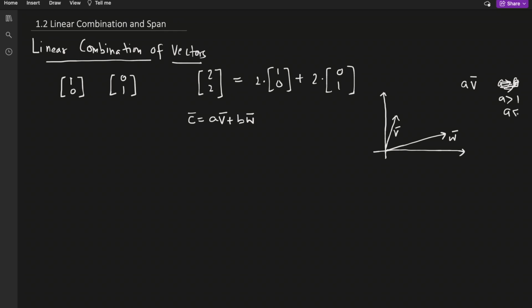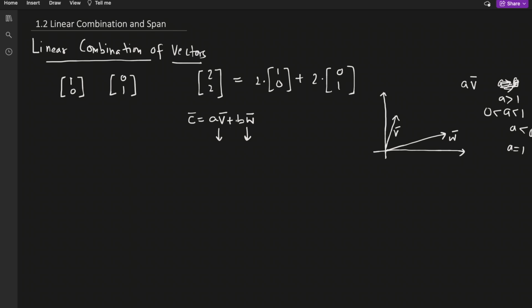If a is less than 1 and greater than 0, then we are squishing the vector, and if a is less than 0, we are inverting the vector. There is a special case where a equals 1, which means we are doing nothing. So when I do a times vector v, this is scalar multiplication. I am stretching or squishing the vector v, and the same with the vector w.